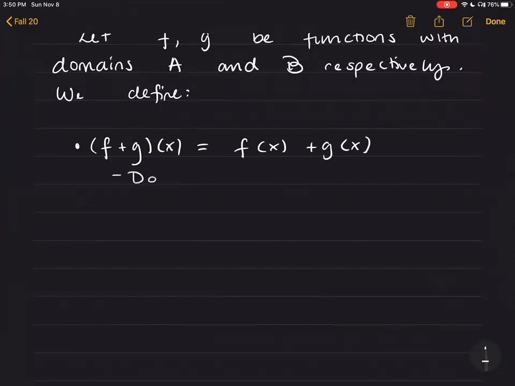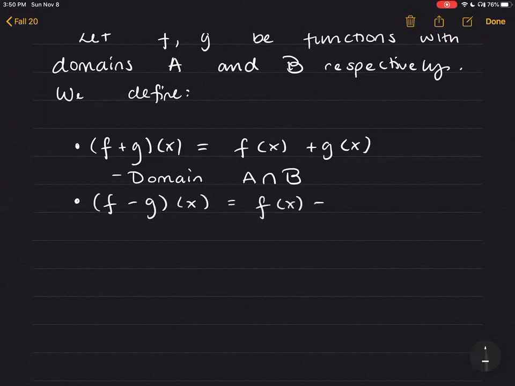And this will have domain A intersect B. And if we do f minus g of x, that's going to be pretty similar. It's going to be f of x minus g of x. And that will also have domain A intersect B.